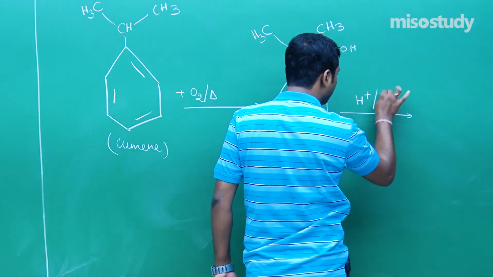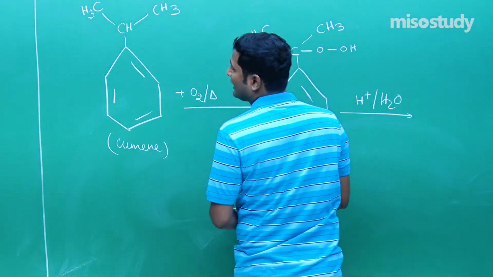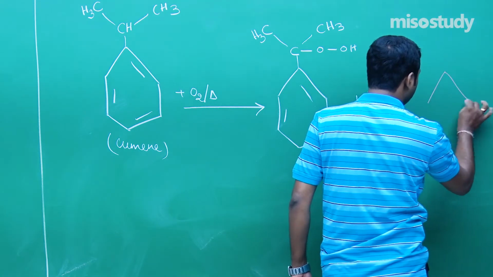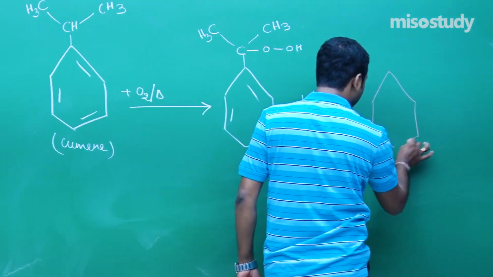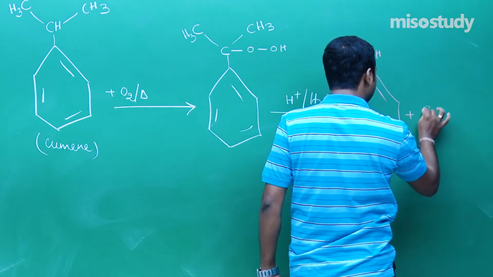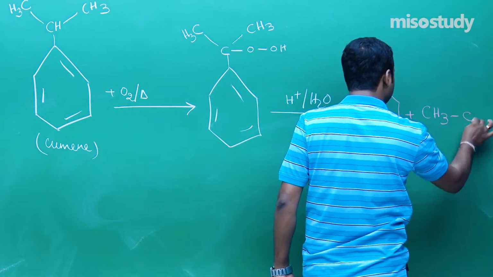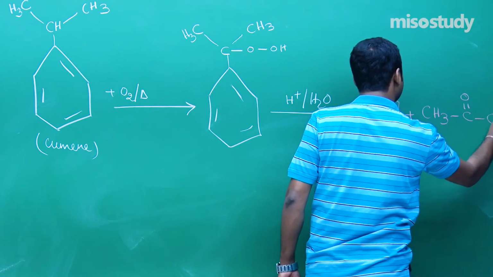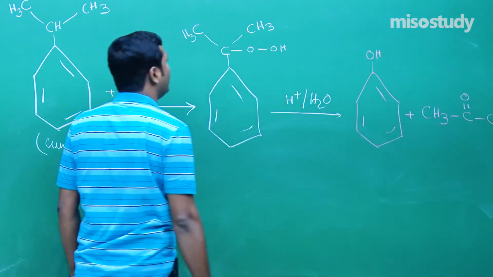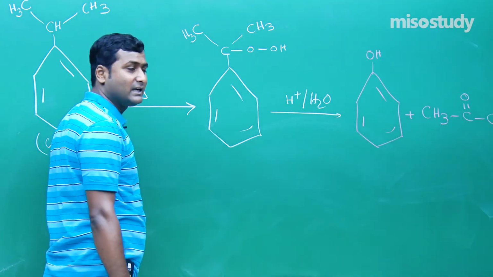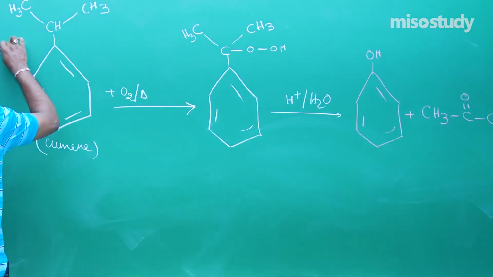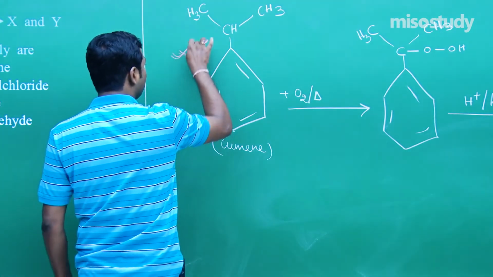Remember this reaction, on further hydrolysis, it gives you phenol plus CH3COCH3, that is phenol plus ketone. Remember this, that is phenol plus ketone. During my lecture I have also discussed this reaction.